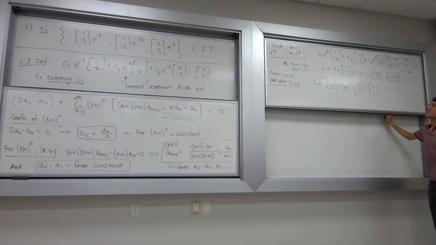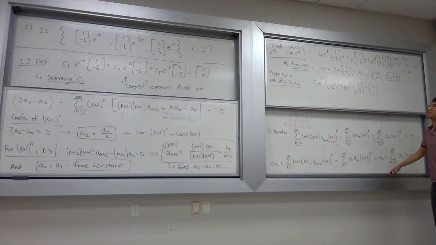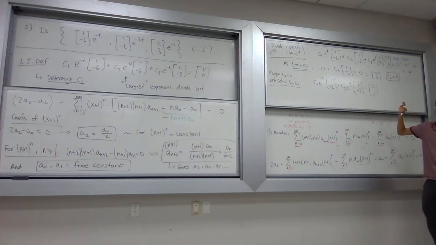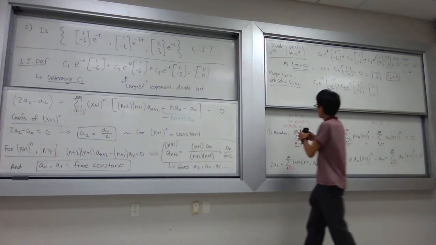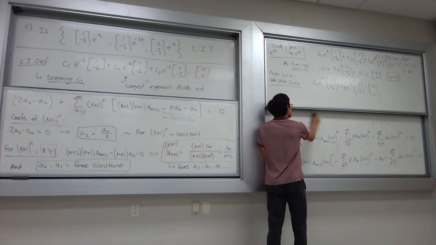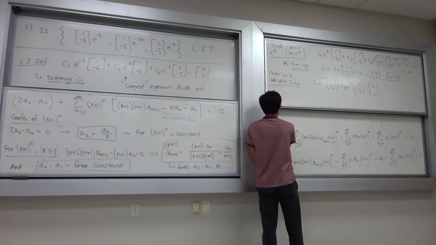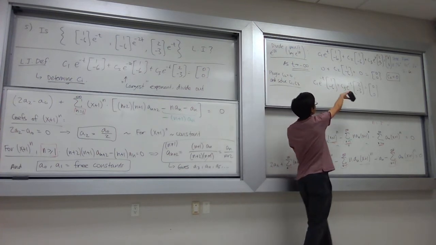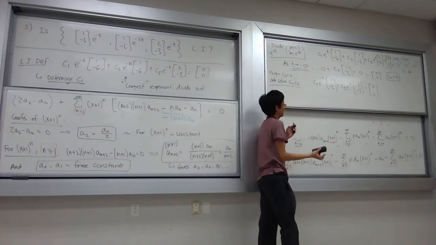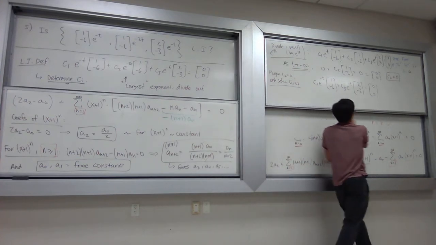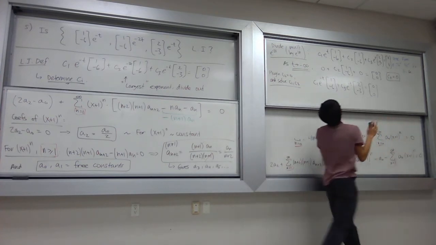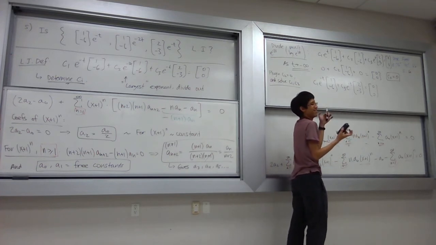So in this case, what would you do? They both have the e in common. For any time t, that's just a scalar, so you want to divide that out. Equivalently, if you plug in t equals 0, it does the same job.